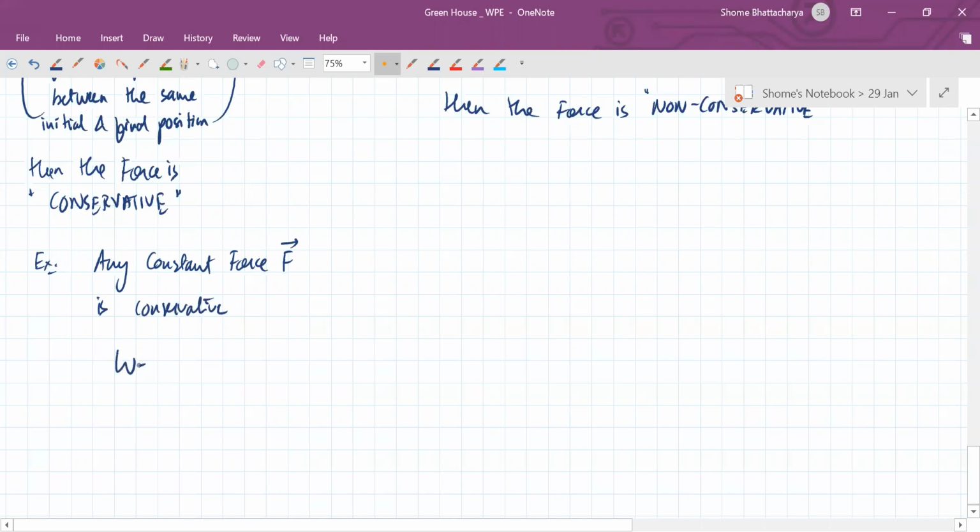Okay, because work done, this path integration, actually results in F dot S. It only depends on displacement.